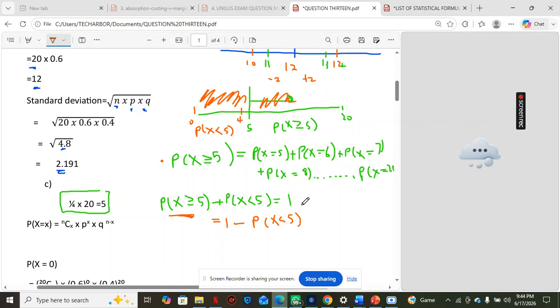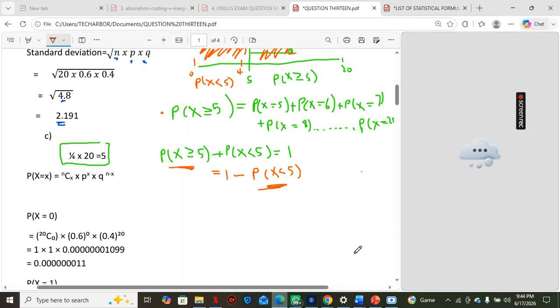Okay. Yes. So now, in order to get this probability, that less than 5 students prefer working in the banking industry, is going to be the probability that 0 students prefer working in the banking industry.